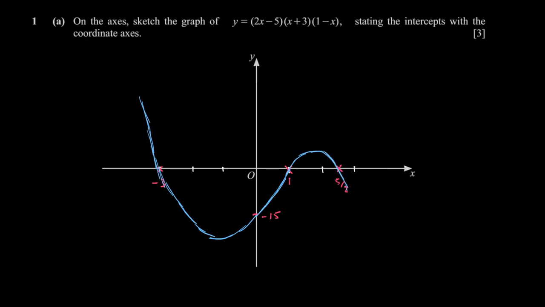Sorry, I don't like this part here. Let me just change that. Okay, basically, if we know our x-intercepts and we know our y-intercept, we know the general shape of the curve because it's a negative cubic, then we can piece together that information and we're going to get the graph as shown.